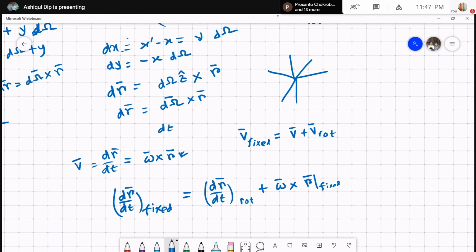So when they see a point which is, say, static in one frame, that means probably its v fixed is fixed. If v fixed is fixed, then r has to be a fixed vector. So in that case, this thing is 0, so dr over dt rot equals negative omega cross r fixed.